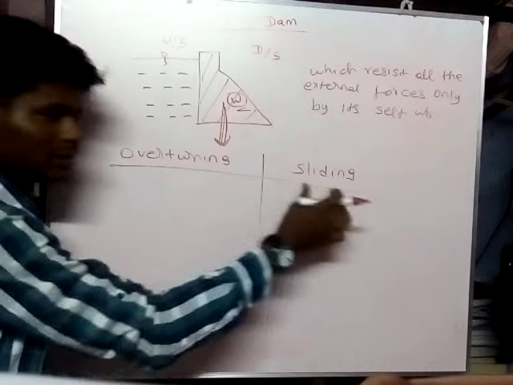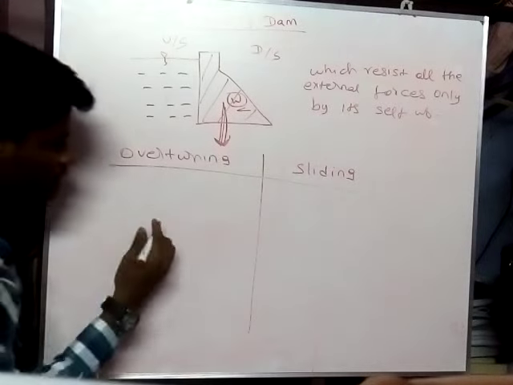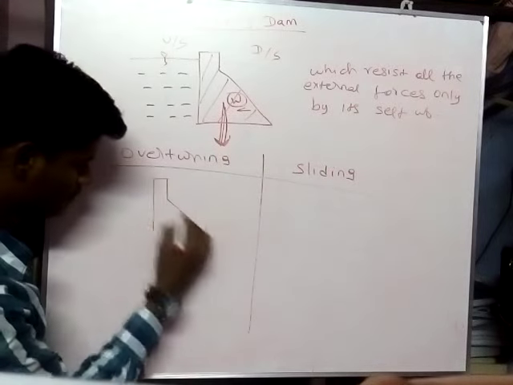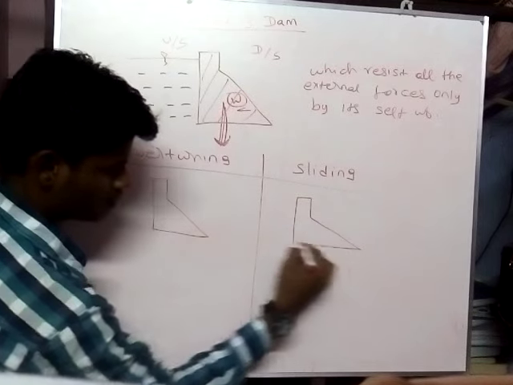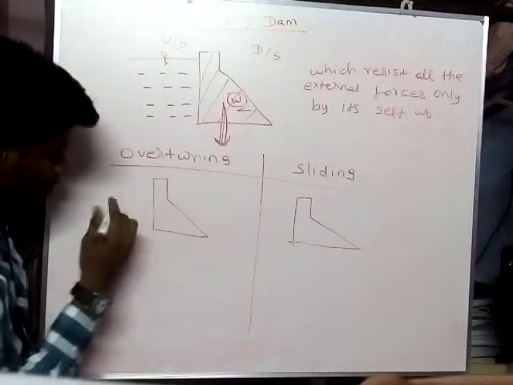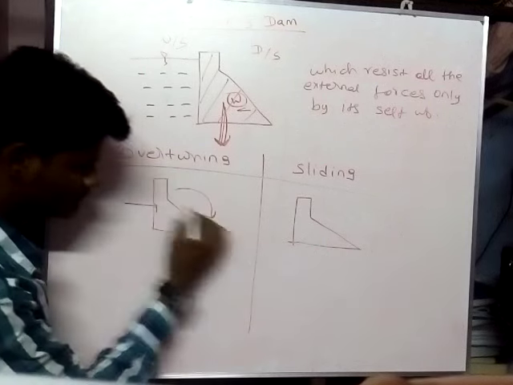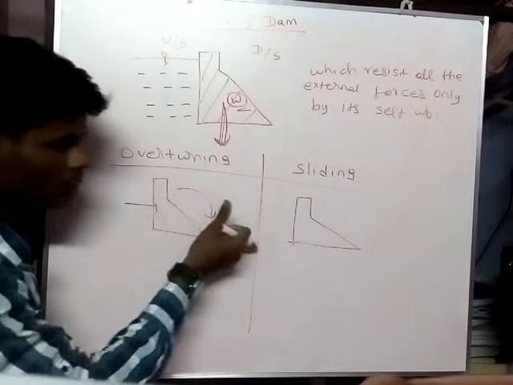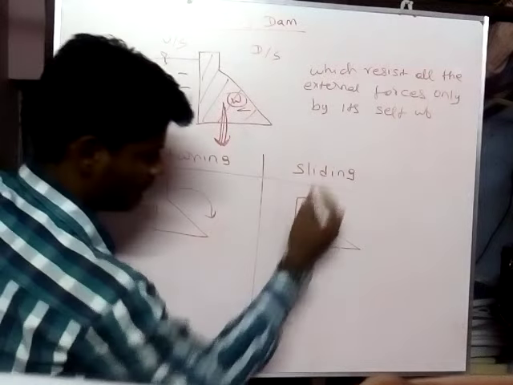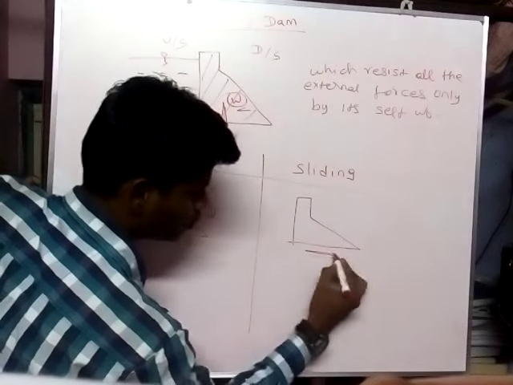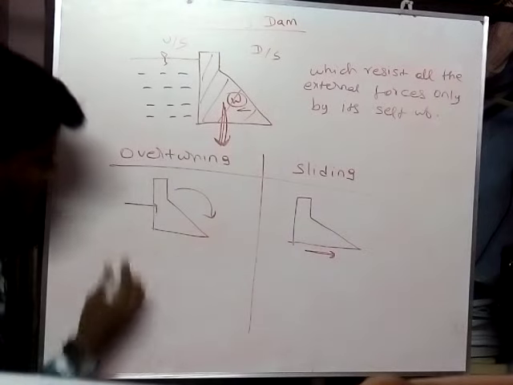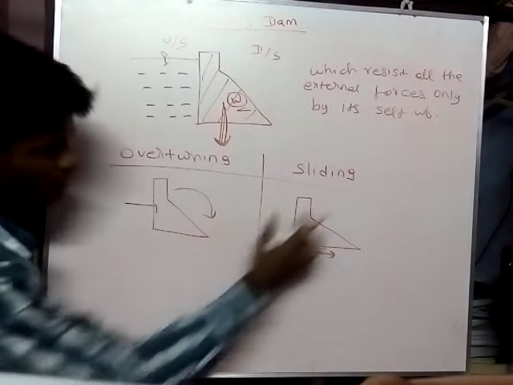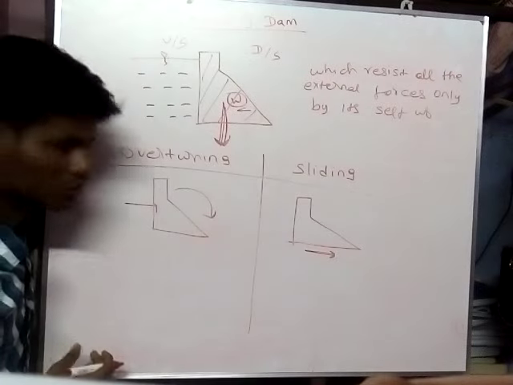So what is overturning? The dam will try to overturn, to rotate. But what is sliding? It tries to move in the horizontal direction. The overturning is with respect to moment, and the sliding is with respect to force.